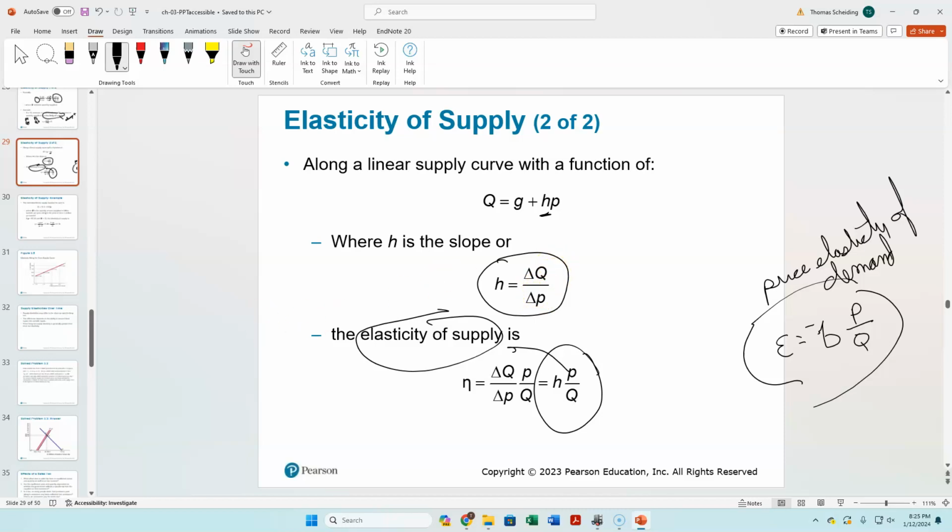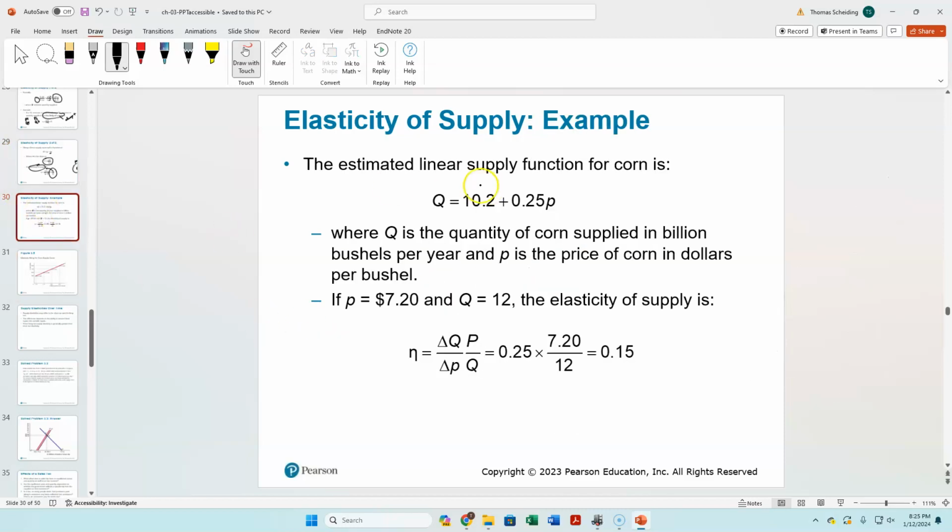Now, what are we going to do with that? Well, if I give you a linear supply function for corn, we can now solve the elasticity given a price and given a quantity. So let's do that.